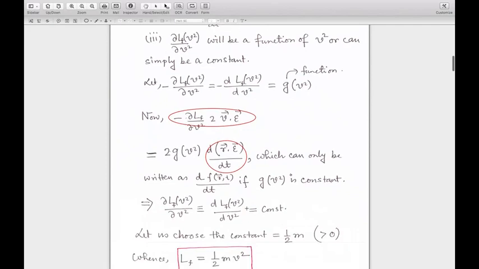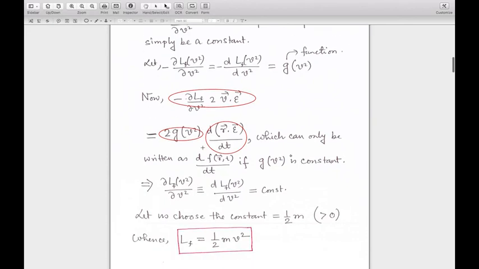Now, if this is a function of v square, it is never possible to write the whole thing as a d/dt of a function of r vector and t, without adding or subtracting anything, unless this does not have any v square dependence or is just a simple constant.